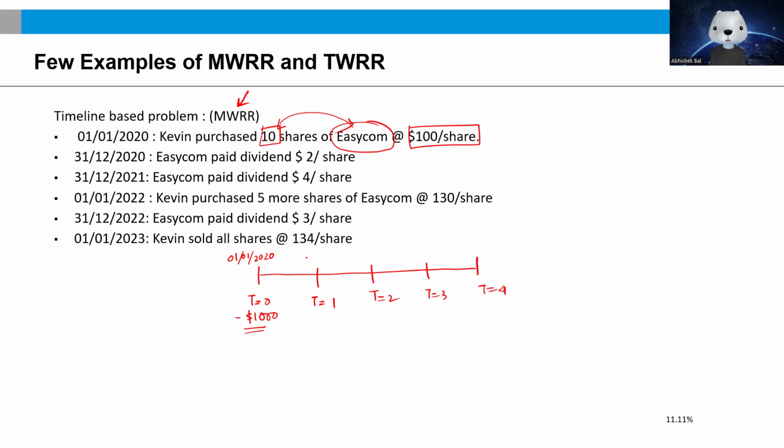At the end of the first year, which is the beginning of the second year as well, EasyCom paid a dividend of 2 per share. That means there is a cash inflow of 2 into how many shares were purchased? 2 into 10, or a $20 cash inflow has happened by means of dividend. Another year goes by.